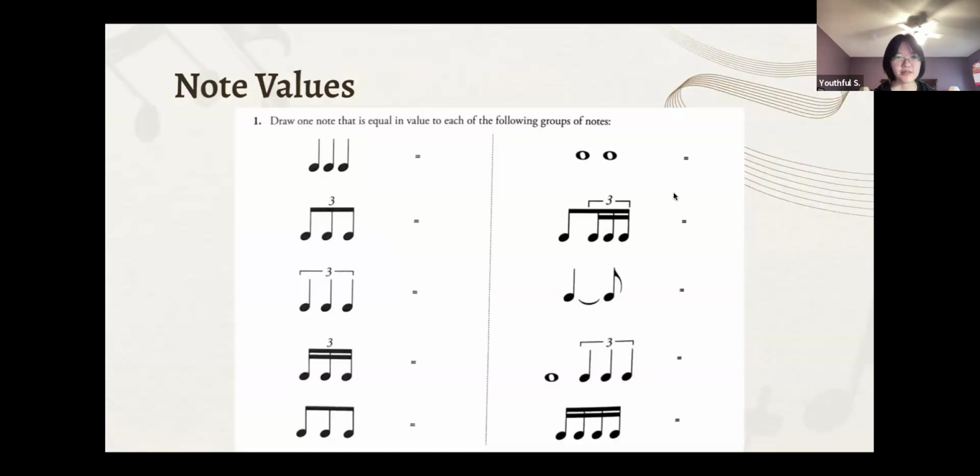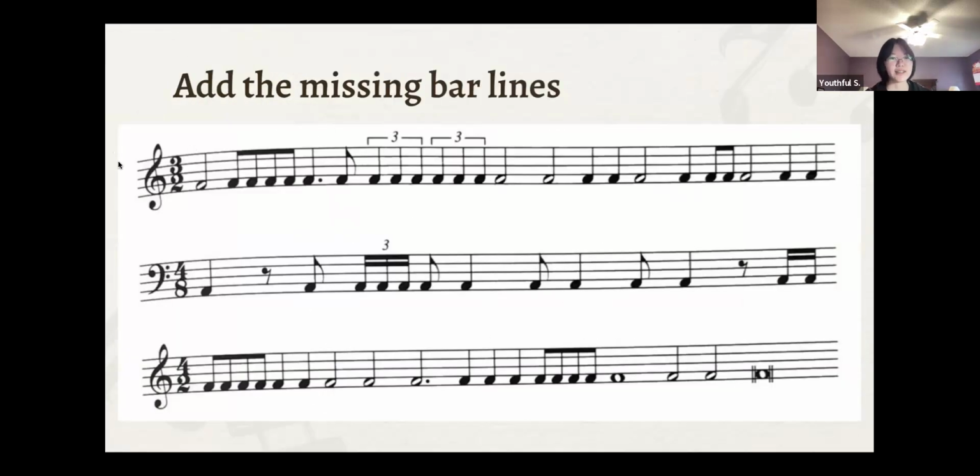Okay, is this the next one? Yeah. Add the missing bar lines. So you guys can each do one. And Sue, did you figure out your annotating? Or does it still not work?